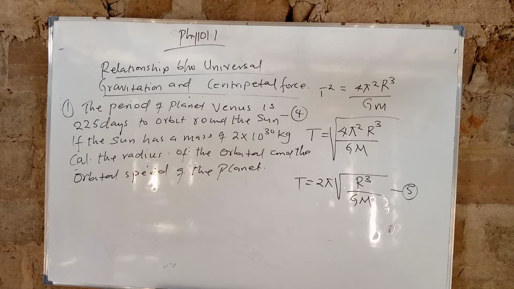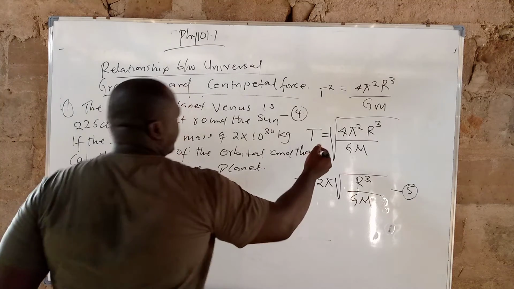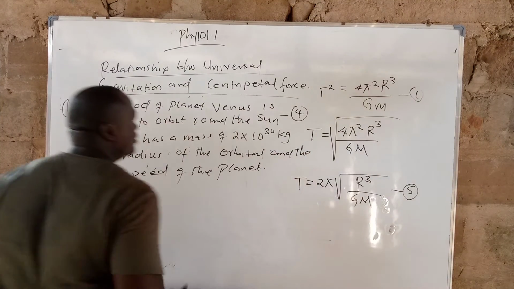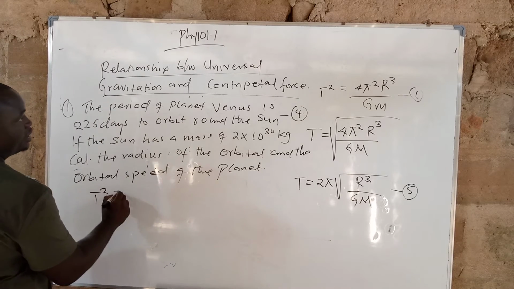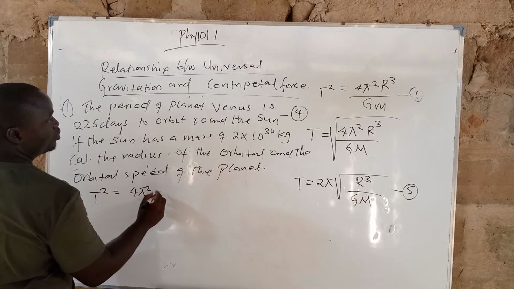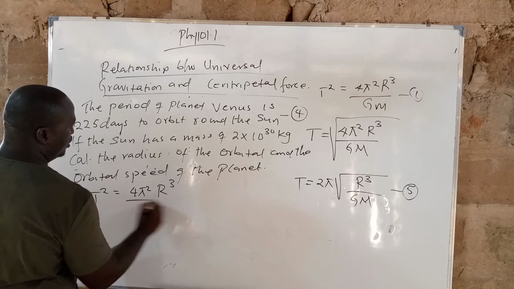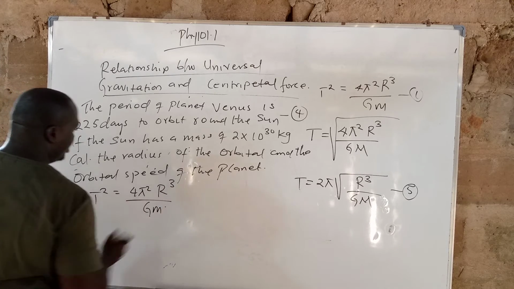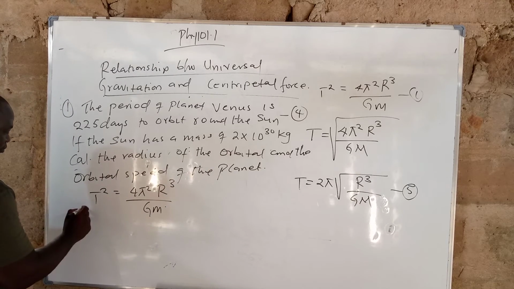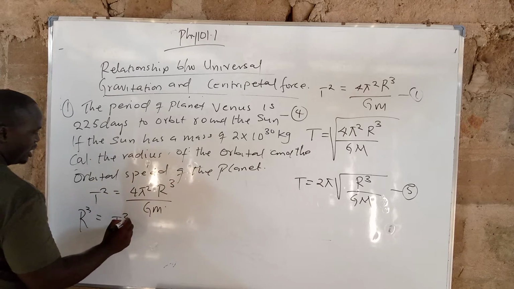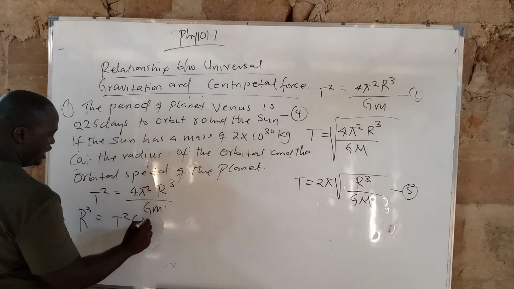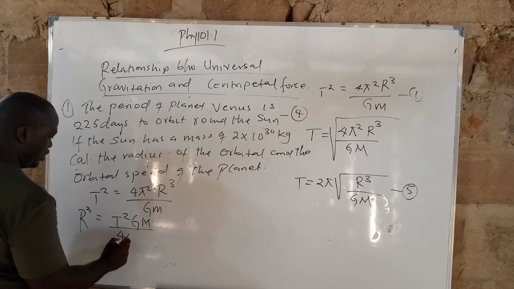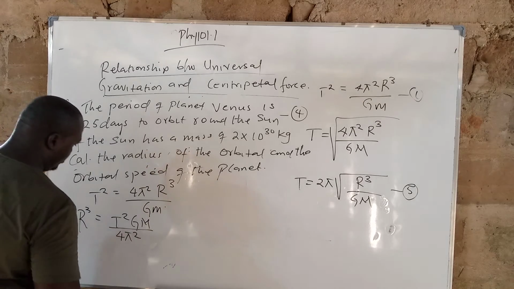Now, that is the reason why I said you have to be very conversant and familiar with those formulas we just derived. From here, all you need to do is make the radius the subject of the formula from this equation. Remember we have t squared equals 4 pi squared r cubed all over G M. So this will give you t squared G M all over 4 pi squared.